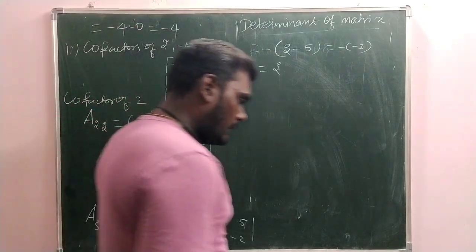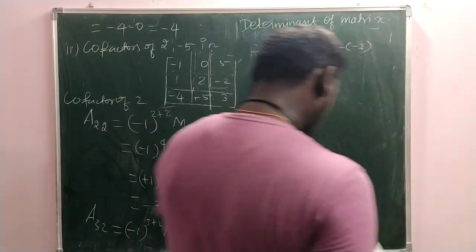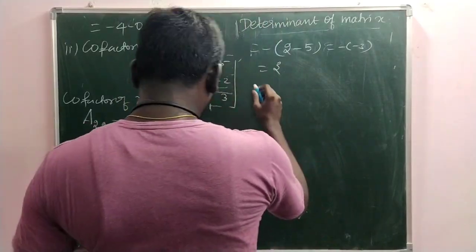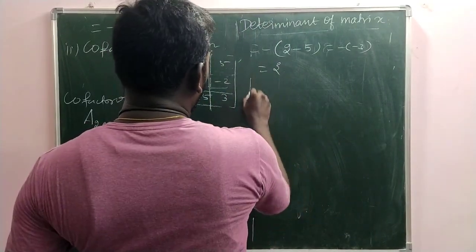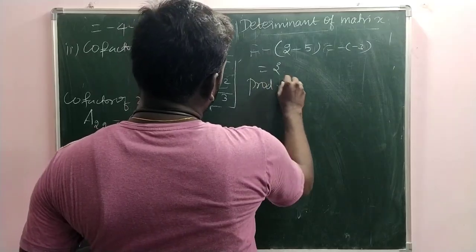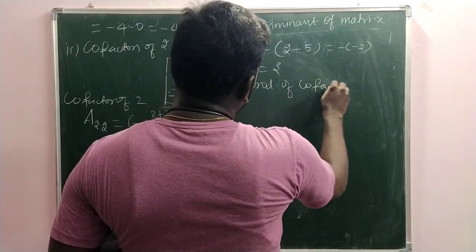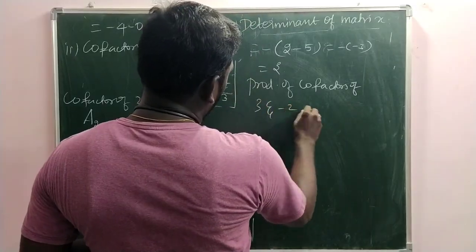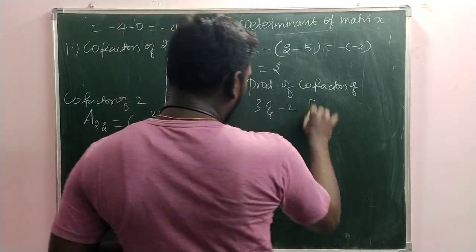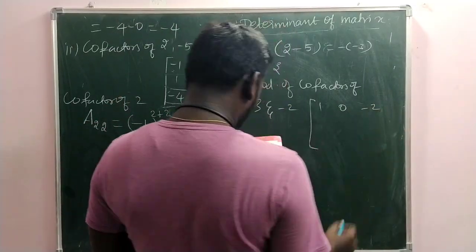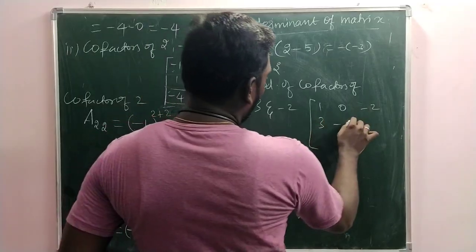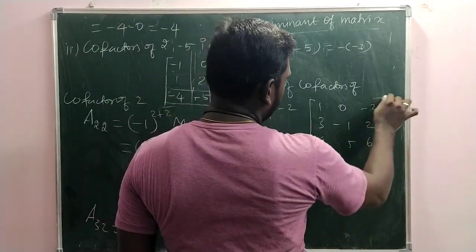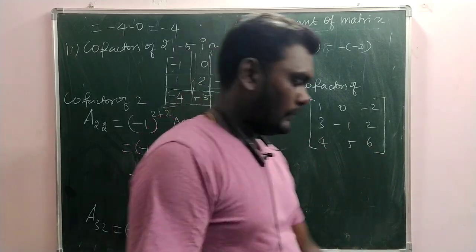Can you say the answer for the next one? Product of cofactors of 3 and -2 in the matrix 1, 0, -2; 3, -1, 2; 4, 5, 6.